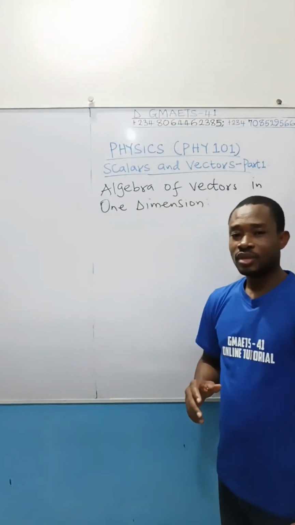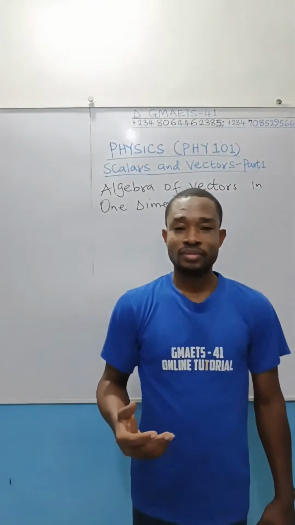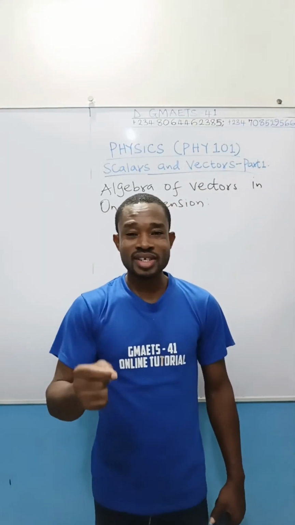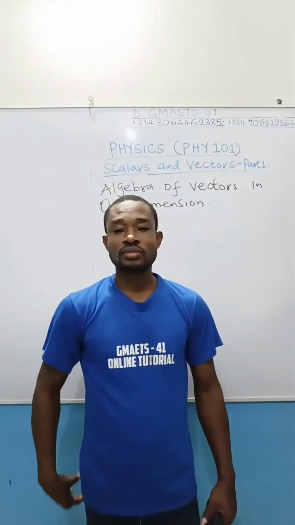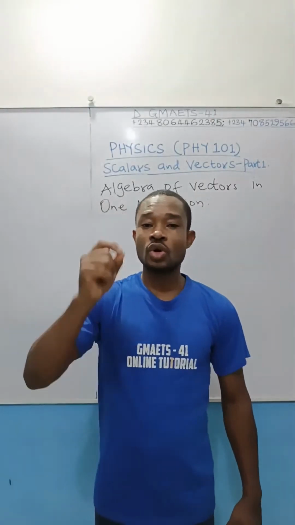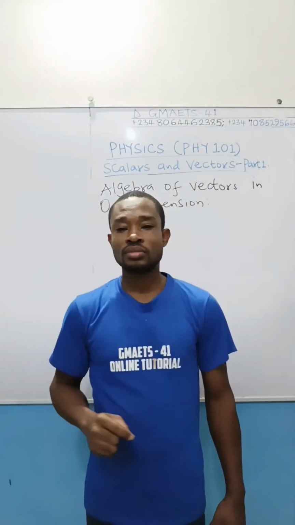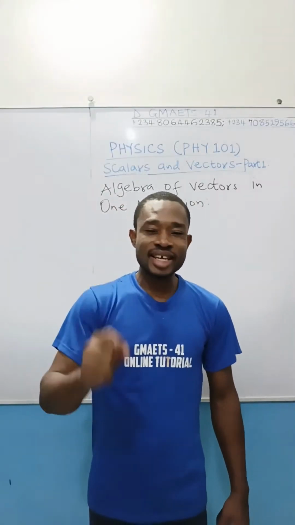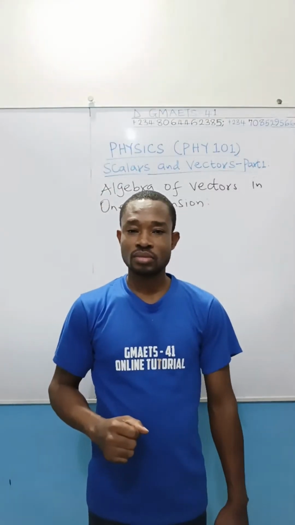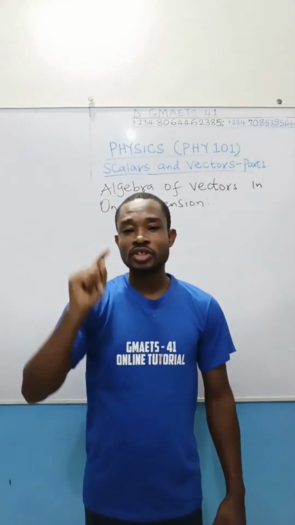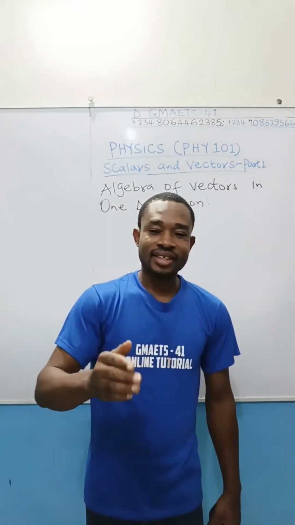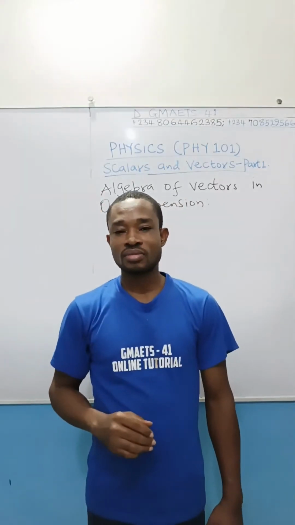Are you ready? You can write what I'm about to say. To obtain the resultant of vectors in one dimension, we simply take the algebraic sum of the vectors, respecting their directions.